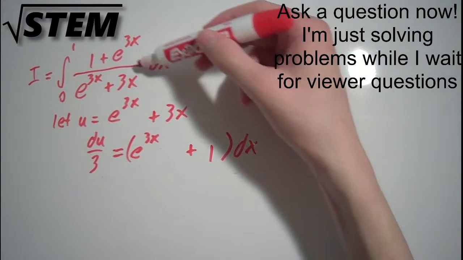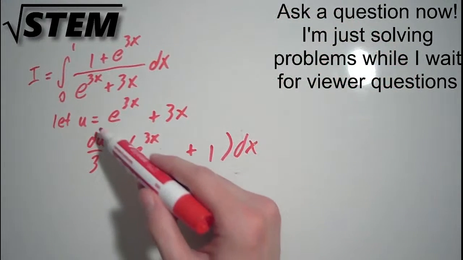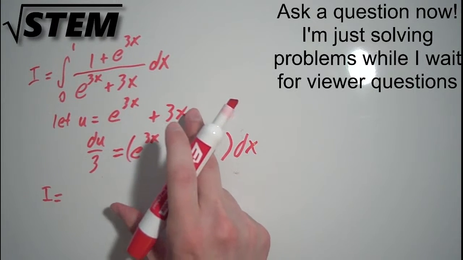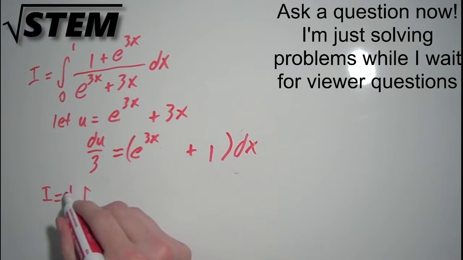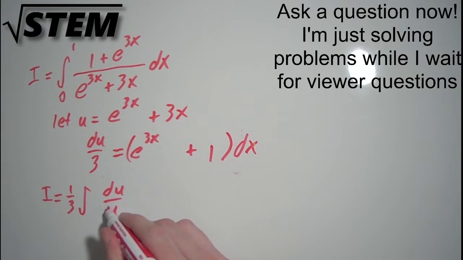So now we have exactly our numerator to absorb into this 1/3 du. So now our integral, we're going to have different boundaries. We'll fill those in a second, but it's going to be 1/3 du over u.